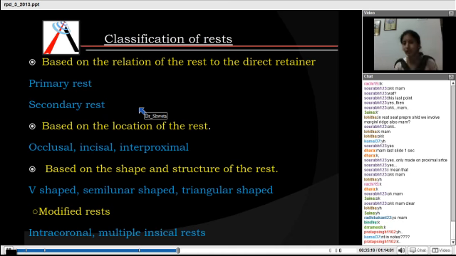This classification may not be there, but you have all the rests. Don't worry about that. So there is a primary rest and a secondary rest. What are these? We'll come to that later. Based on the location, if it's on the occlusal surface, it's an occlusal rest. Incisal surface, incisal rest. Interproximal rest. Based on the shape, V shape, semilunar shape, triangular shape, and there are other modifications also of rests.